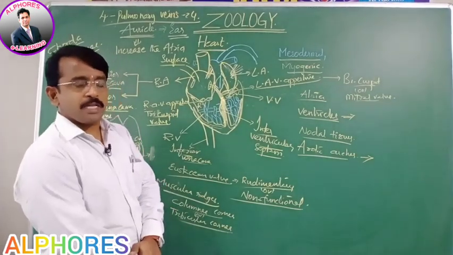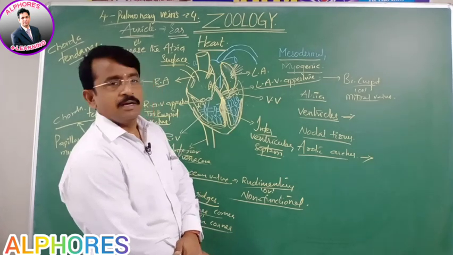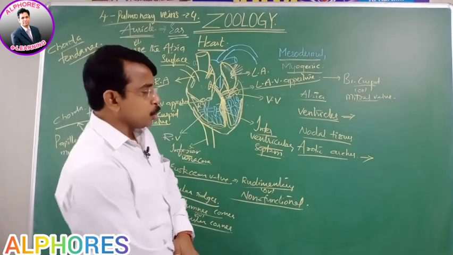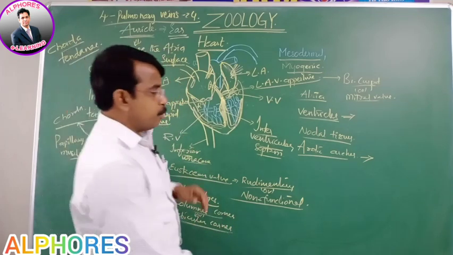In the case of the human heart, there are two aortic arches. All mammals are characterized by the presence of two aortic arches.